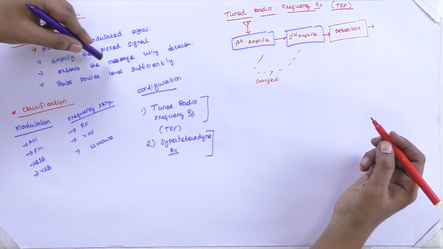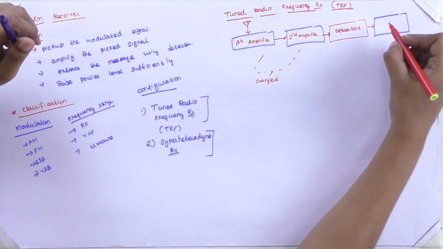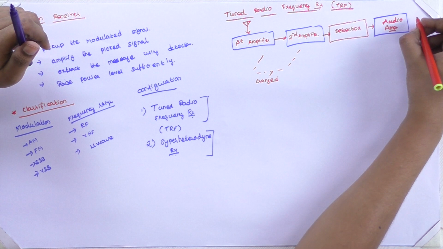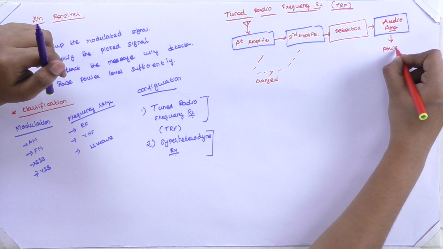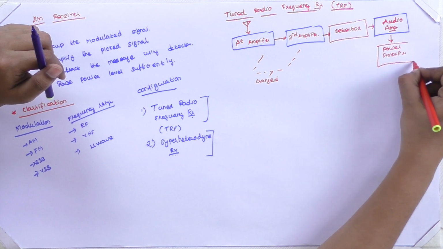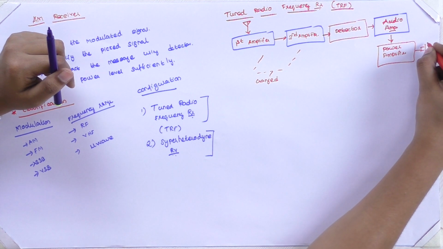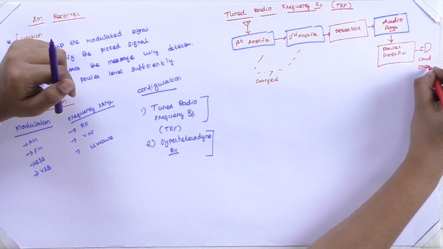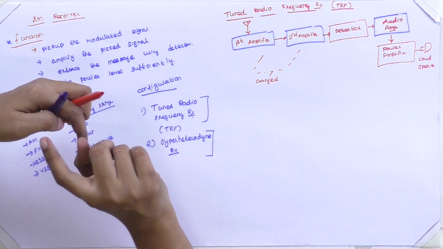The extracted message signal is raised to a sufficient power level using the audio amplifier, which is fed to the power amplifier, and it is again fed to the output transducer. If it is an audio signal, it is fed to the loudspeaker. So this is the block diagram for the tuned radio frequency receiver.